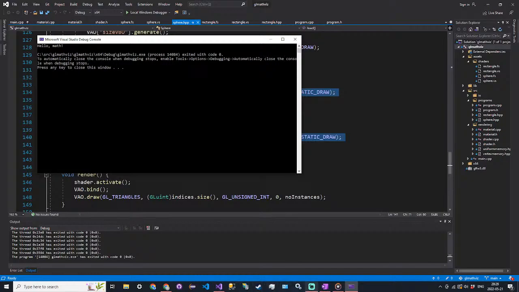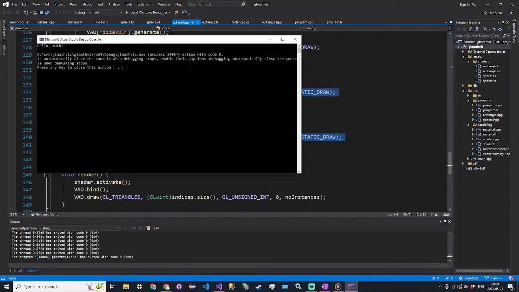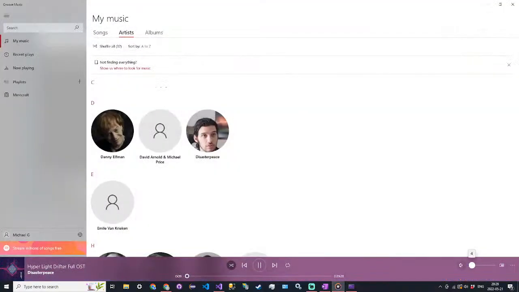So that was the sphere, and we're now going to be looking at how to create an arrow. The arrow will serve the purpose of actually giving us some orientation.